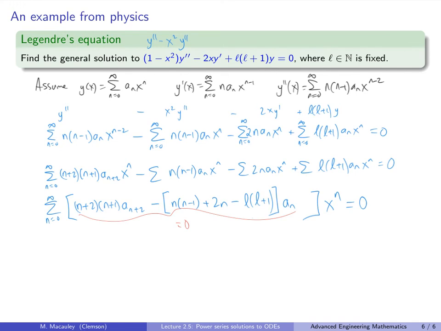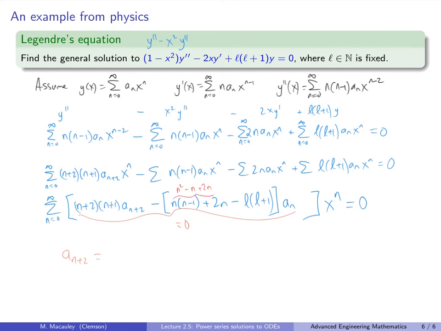Let's solve for a_(n+2). So a_(n+2) equals, let's see, let's just turn this minus into an equals, and then divide through by this factor. Hold on, let's simplify what this is. This is n squared minus n plus 2n.